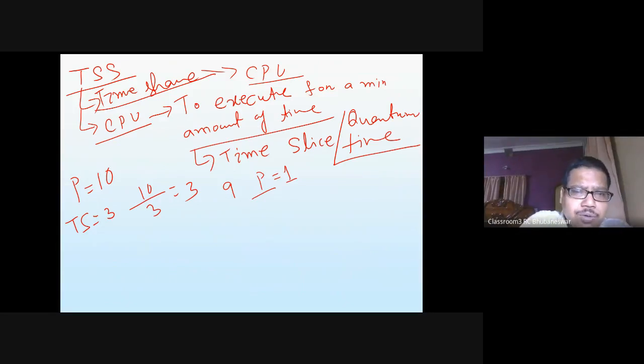If I correct my account and make the time slice 4, what will happen? It goes for 12 units of time. Now you see, 10 is the execution time and 12 is the allotted time.